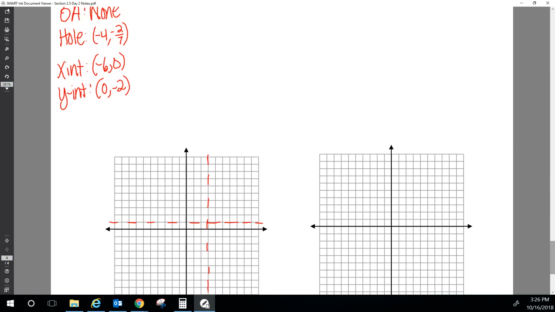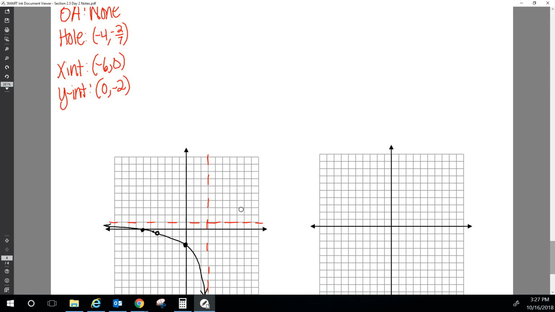So that would be 1, 2, 3, 4, somewhere in here. It's really hard to nail down negative 2/7 on the graph. I know I've got an x-intercept at negative 6 and a y-intercept at negative 2. So we've got this piece of our graph mapped out pretty well.